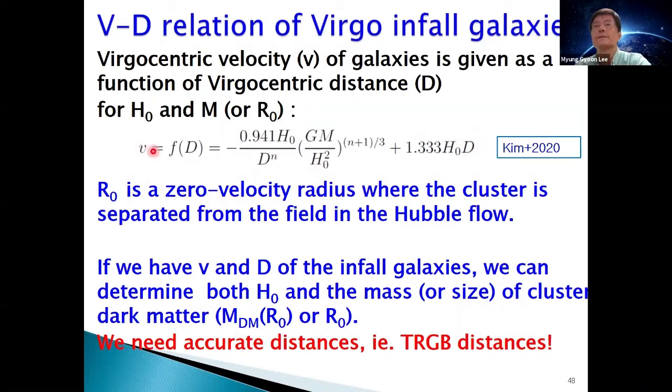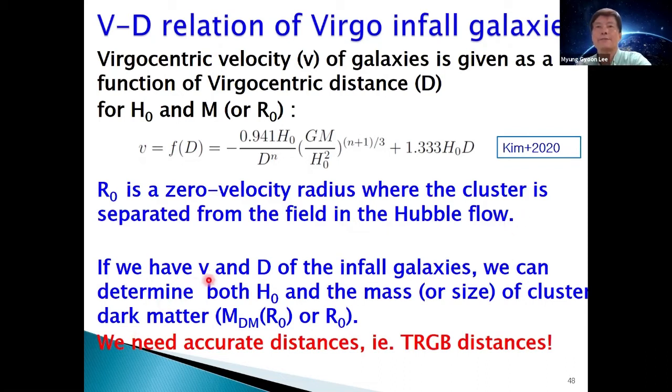These equations have this kind of numerical solution. Here, R0 is a zero-velocity radius where the cluster is separated from the field in the Hubble flow. The velocity of galaxies at R0 is 0.